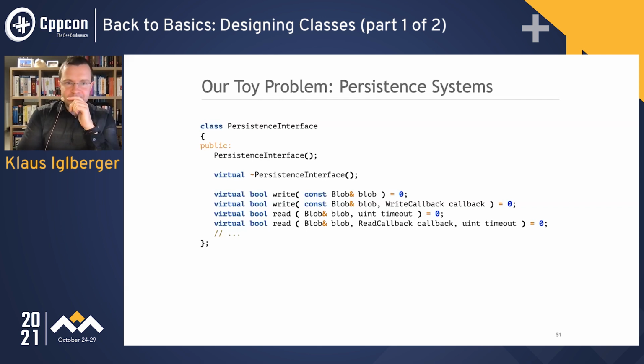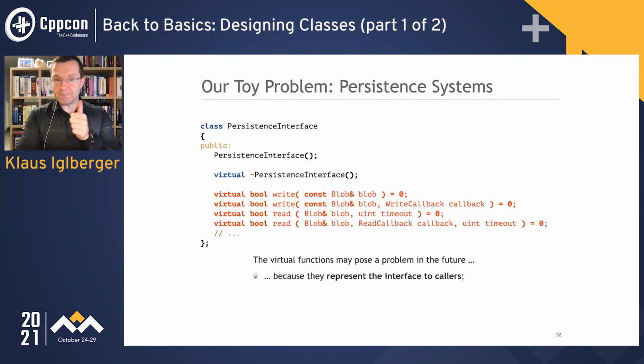Now, these virtual functions, actually in the future, perhaps not today, but in the future might pose a problem because things change. Software changes, it tends to change. And these virtual functions actually do not play well with change because they represent first the interface to callers.